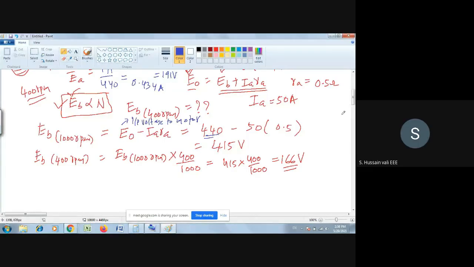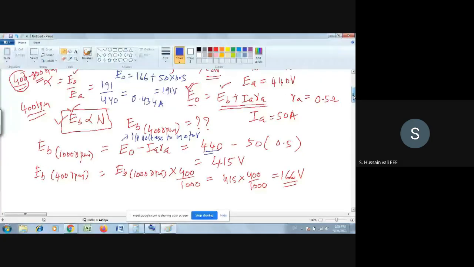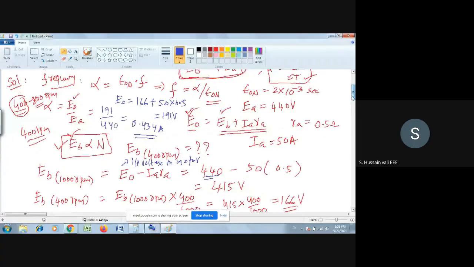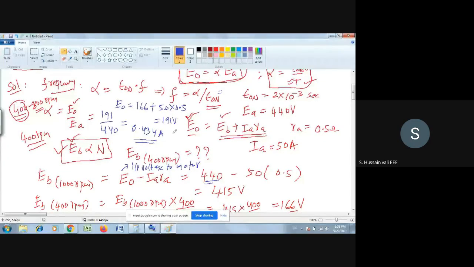Thank you. So then we got the value of alpha. What is the value of alpha? We got 0.434. Then we'll go back to the previous step. Alpha is a constant value. So what is the frequency now? The frequency is alpha divided by T on. So alpha is 0.434 divided by 2 into 10 power minus 3.